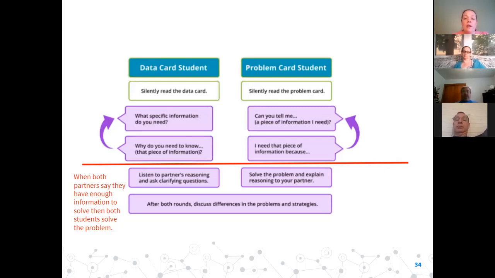And the reason that process is important is because the problem card knows what the question is. The data card doesn't have the question, but they have all the information needed to solve the problem card. And when we get to that red line where the problem card says, I have enough information to solve this problem, then the person with the data card has to be able to figure out what the question is before they both can start solving.